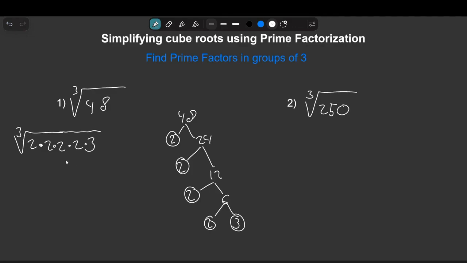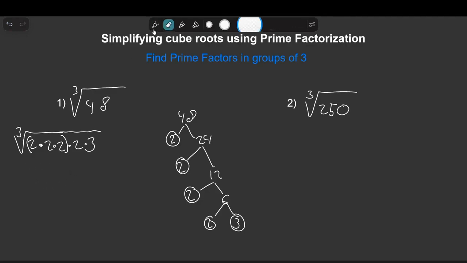Now we need to find prime factors in groups of 3. We have 3 twos right here, which makes a perfect cube. 2 cubed is 8, and the cube root of 8 is 2. So let's pull out a 2 right here.